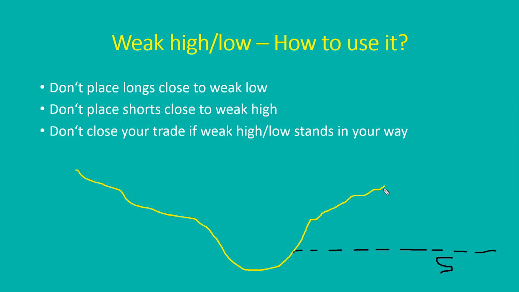So what usually happens is when the price gets back close to the weak low or weak high, it tends to test it. It tends to test it and create a strong low or a strong high. So usually the price goes below the weak low. The price tends to test it and go below it. So this is why you shouldn't place your longs close to the weak low.